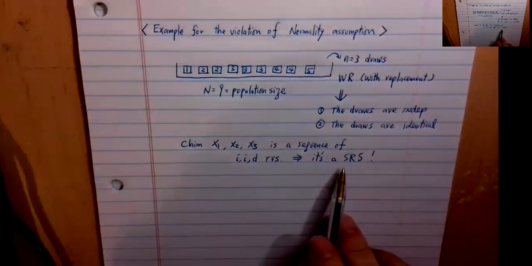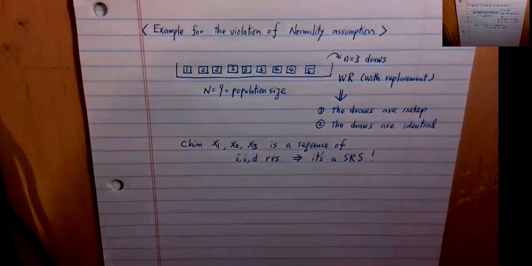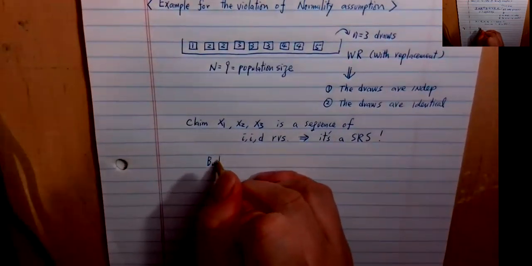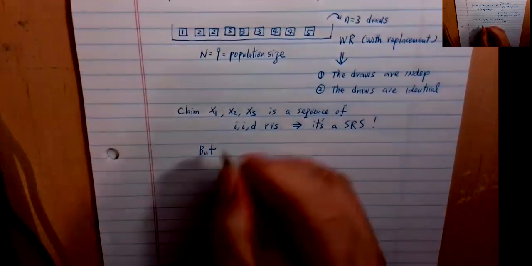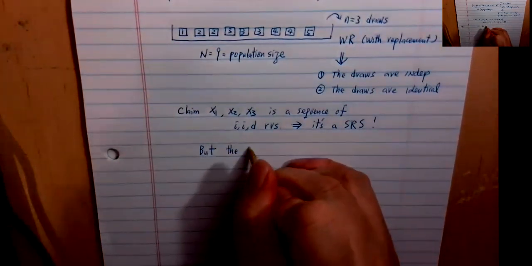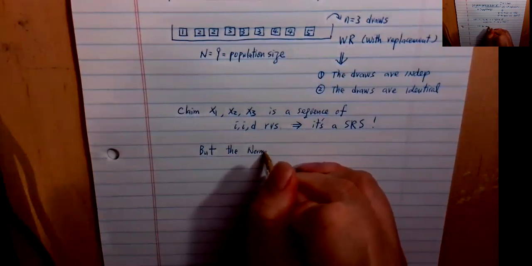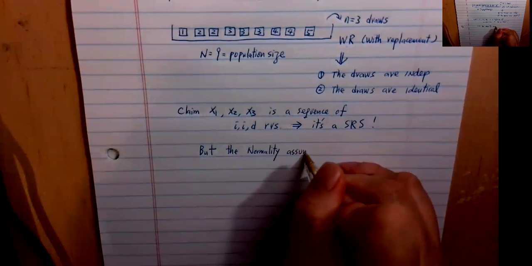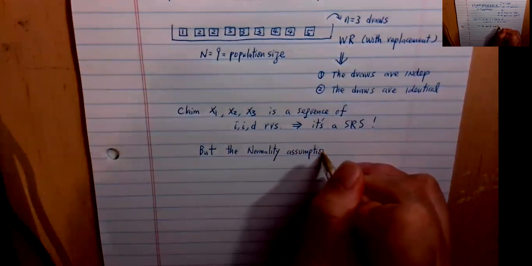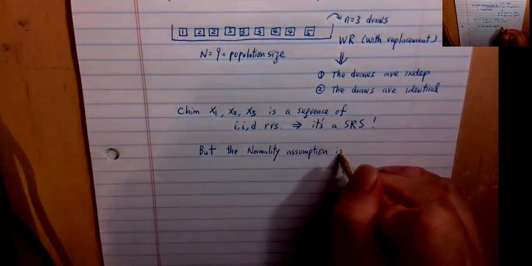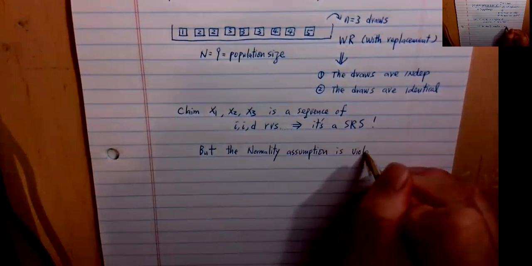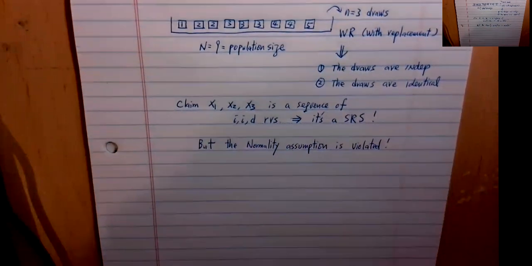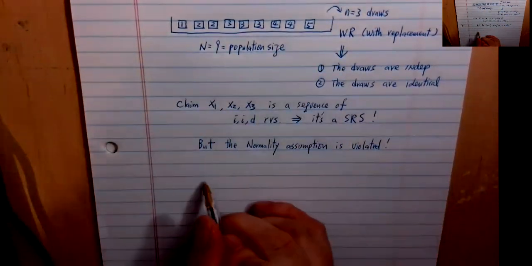We do have the simple random sample assumption here, but the normality assumption is violated. Why is the normality assumption violated? Let's draw a graph from the box.